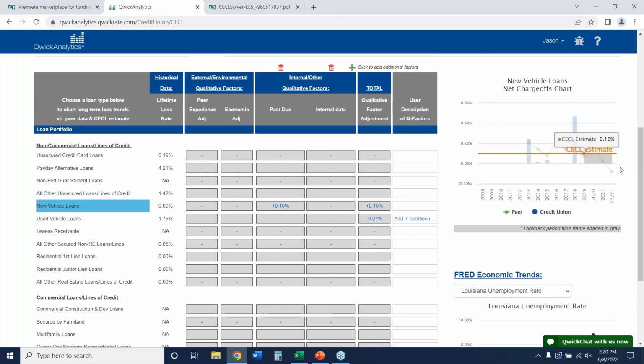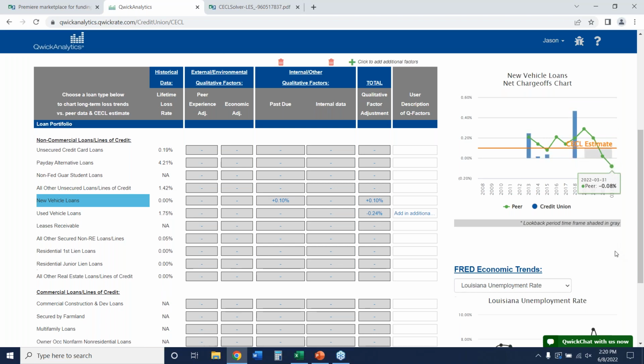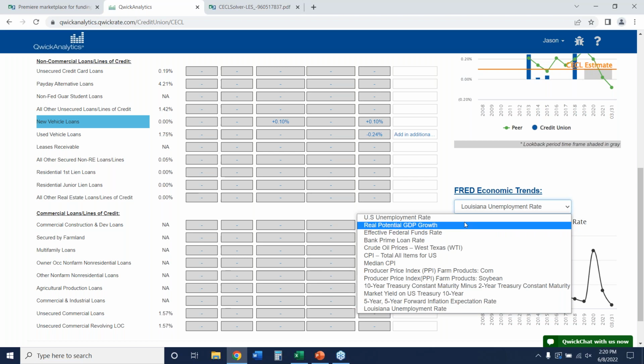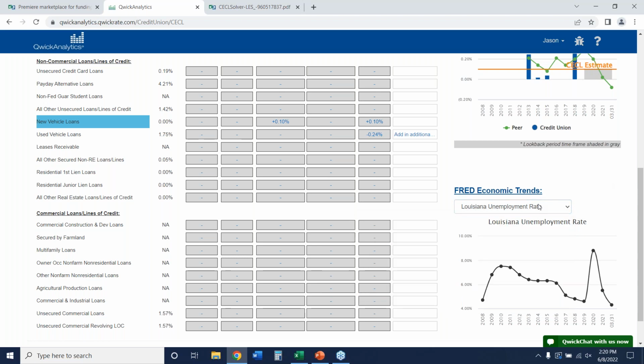Same thing for vehicles, right? No recent losses that really had any impact. In addition, if we look at the peers data, they're also seeing declining losses. So unfortunately, something like Louisiana unemployment rate, U.S. unemployment rate, GDP, they're just not going to be great indicators for what's happening at this credit union.